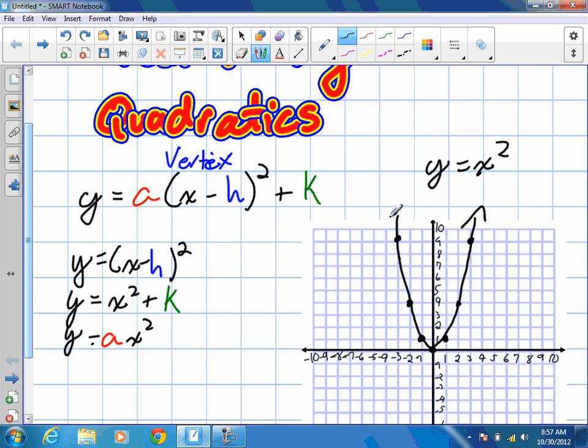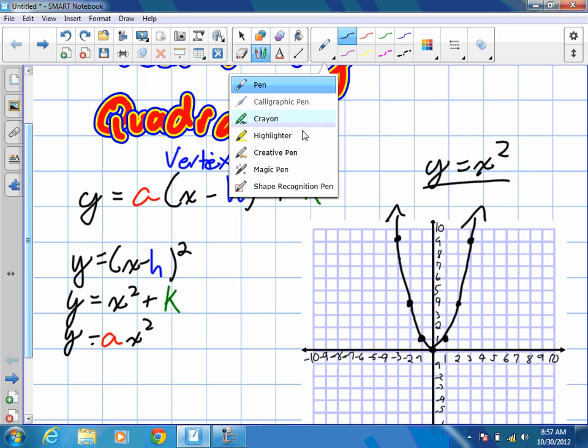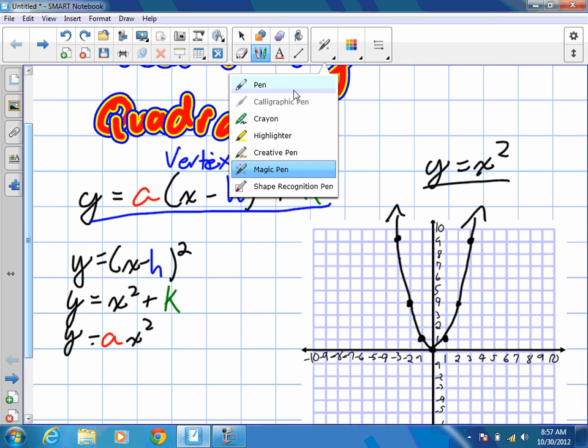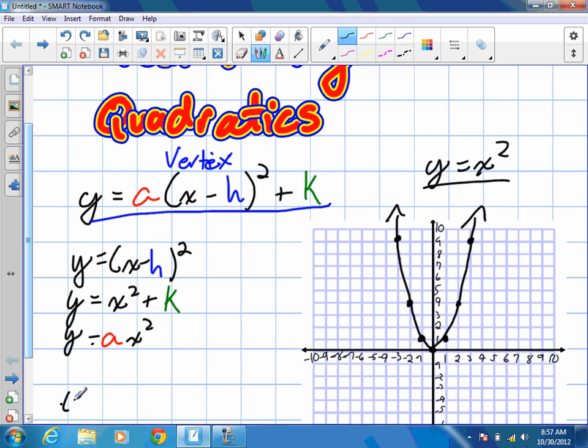Okay? This one hasn't been transformed at all. In fact, I'm going to write this parabola here in this vertex form and show you the actual values of a, h, and k. So what that one looks like is y equals x. Okay?